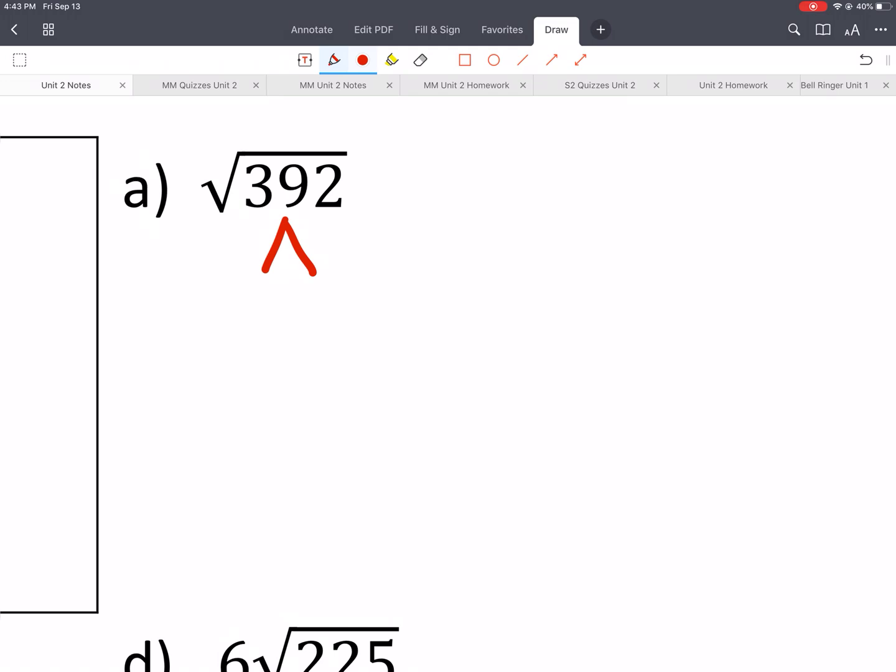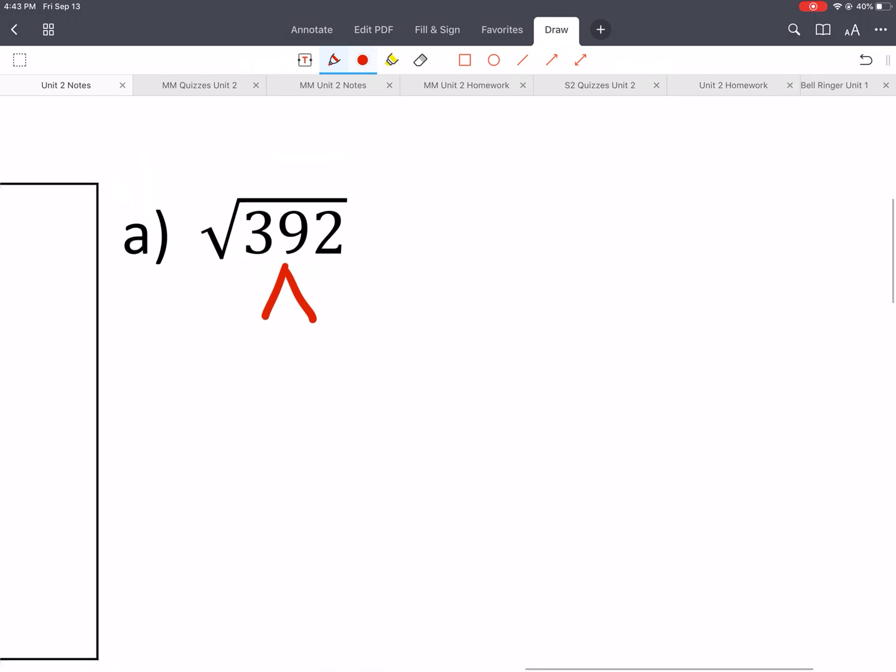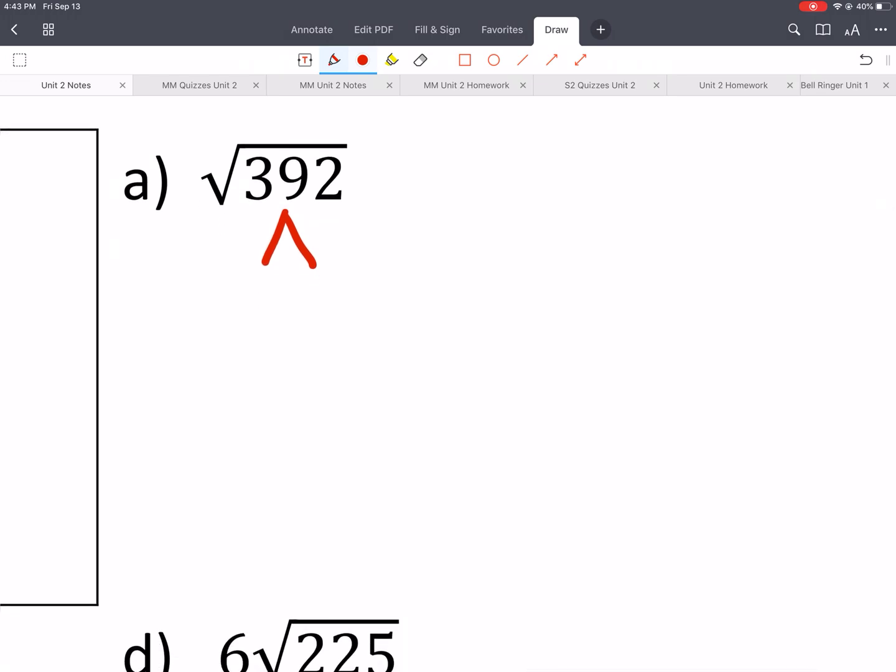So when we're all done, all of the ends of our branches should be prime numbers. Since the last digit is even, I know that we could divide it by 2. It would be helpful to have a calculator when you do this. Obviously you can do this by hand, but it sure helps.